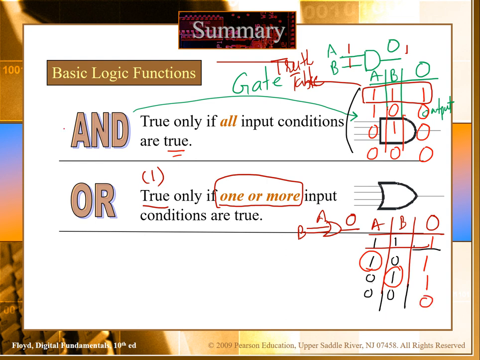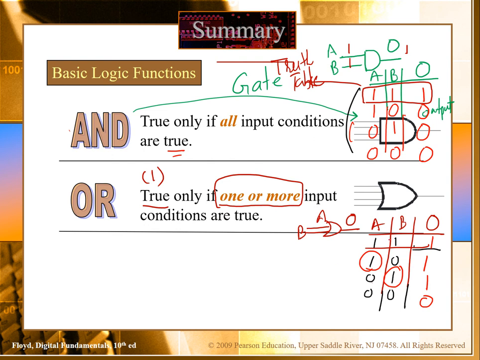So the difference between AND and OR gate is, in the AND gate you get the true condition, or the 1, when both inputs are true. If you are dealing with a multiple input system, when all inputs are true, then you will get 1. Otherwise, for all other cases, your output will be 0.